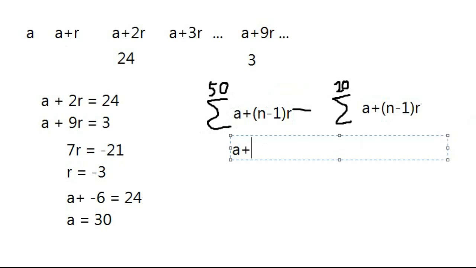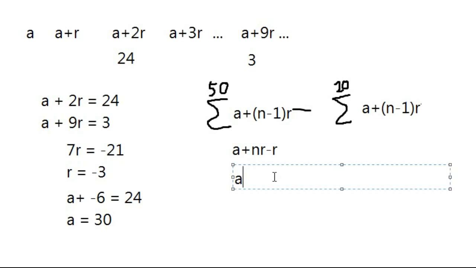So it's a plus nr minus 1r. We're concerned about the n's. We don't care about the constant terms, so a and r are constants as we've found. So a minus r will be grouped together into a bracket, and you add nr, which is what we actually care about in this.